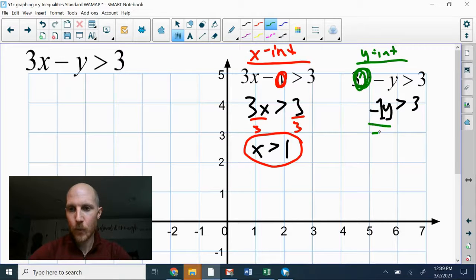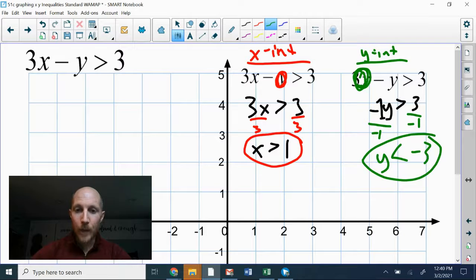And I'm dividing by a negative number, so that inequality symbol is going to flip. So y, and then my inequality symbol faces the opposite direction. And 3 divided by -1 gives me -3. So here's my y-intercept.